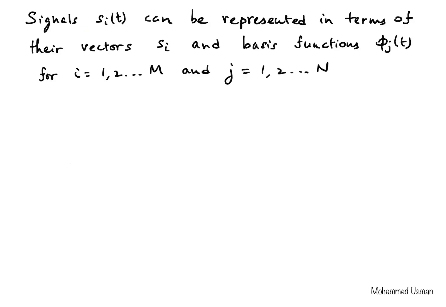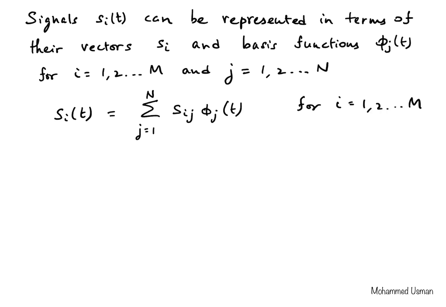So let's see how we can write that. We can write the signals in terms of their vectors s_i and the basis functions phi j of t for j from 1 to N, and the number of signals is i from 1 to M. So we can represent each of these signals s_i of t as the summation of the vector elements s_ij into phi j of t for j equals 1 to N, and we can do this for all the signals, for i equals 1, 2, up to M. So we have M such signals.